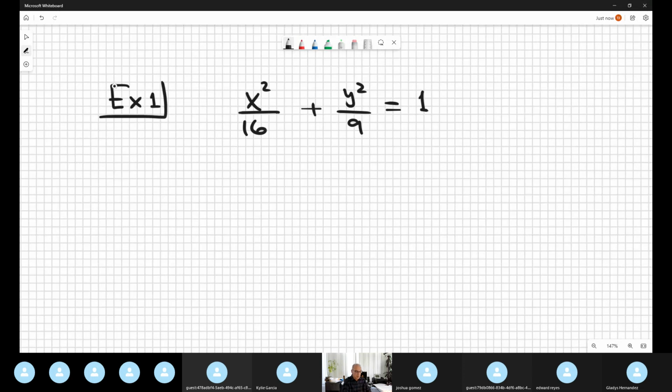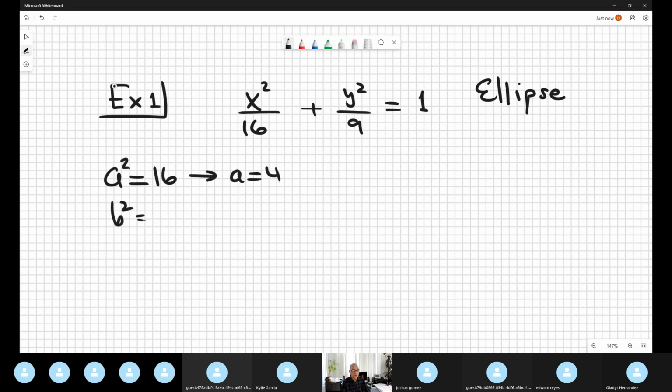Cool. So now immediately I recognize that it's the same format for the ellipse. I determine that a squared is 16, then a is 4, square root, and b squared is 9, therefore b is 3.